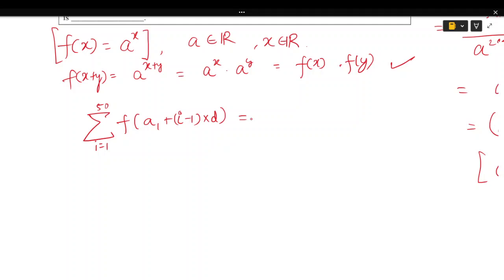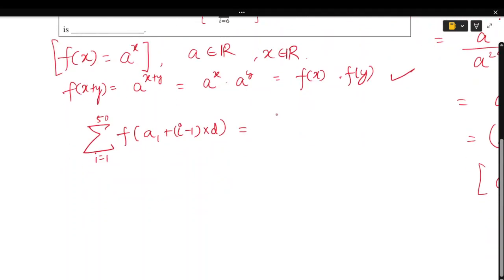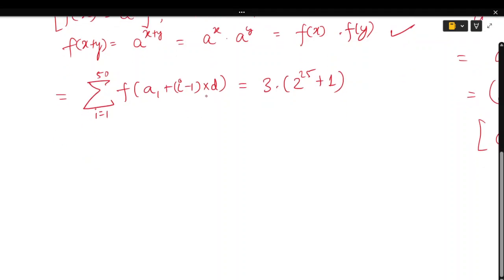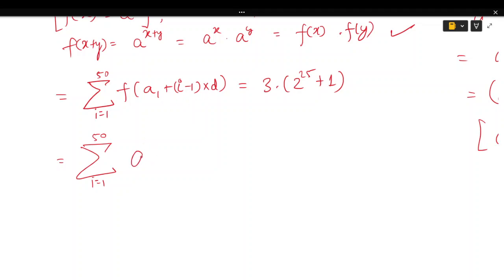And that has already been given as the value 3 multiplied with 2 to the power 25 plus 1. So now we can again just substitute as per the functional value. Since the function is a to the power x, in the place of x we have this term. So we get a to the power a1 plus i minus 1 times d, which equals 3 dot 2 to the power 25 plus 1 as it is.